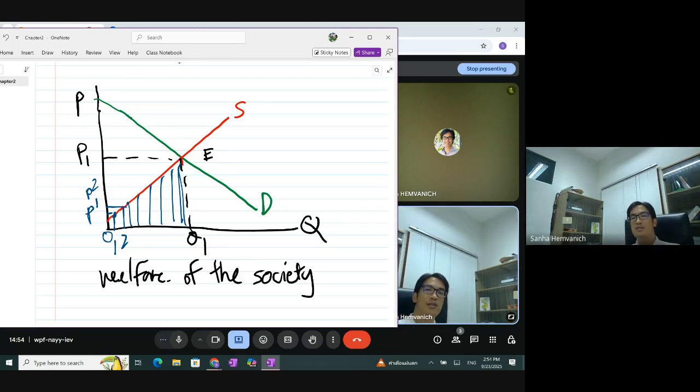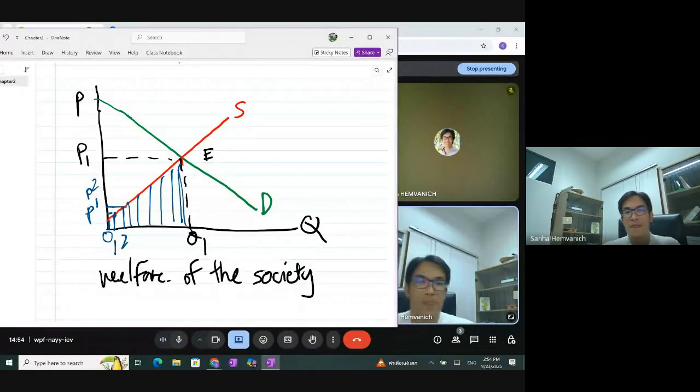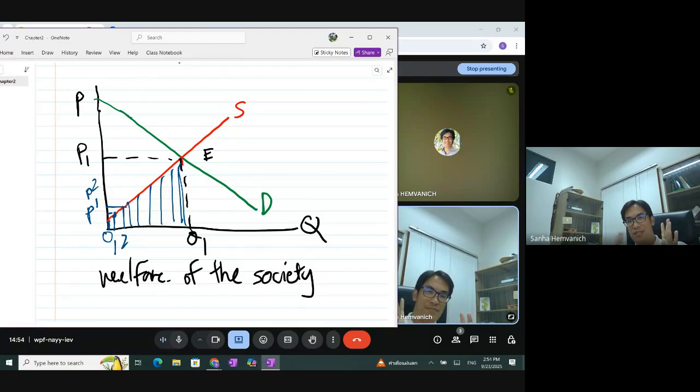The area, it's not exactly a triangle, but this area represents the cost up until Q1 that the producer has to spend in order to produce the good. Again, like marginal benefit or marginal utility, this is the marginal cost: each additional cost for each unit produced.